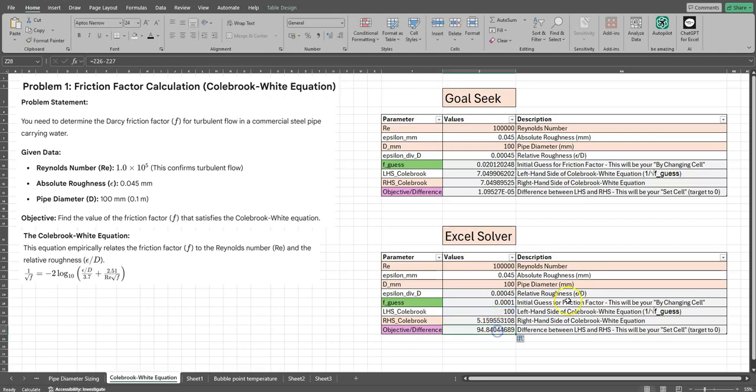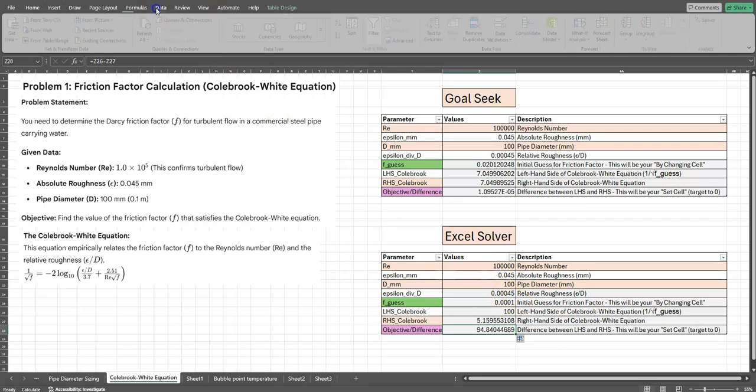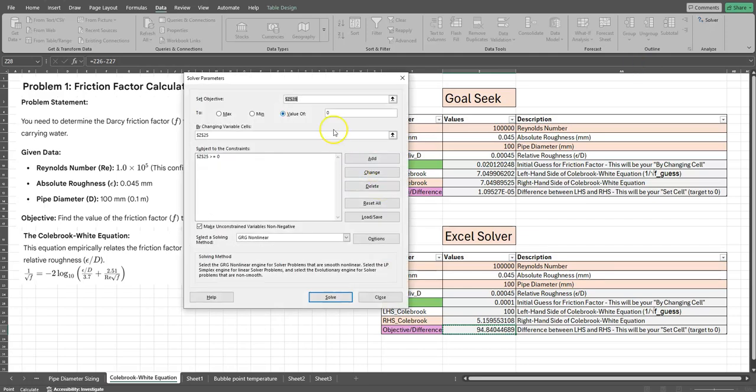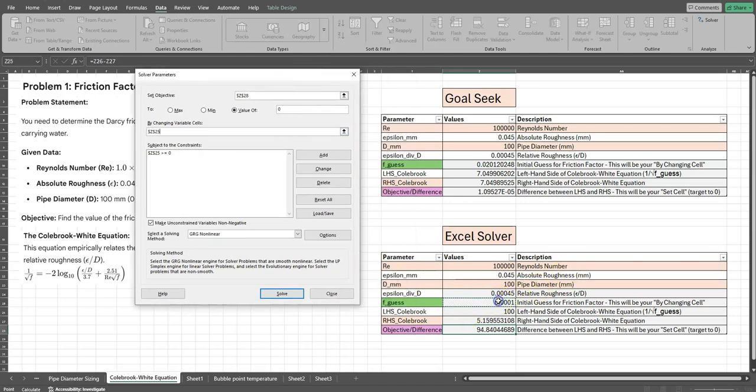Now I'll use Excel Solver. For that you have to go to Data, then Solver. Now set this cell equal to 0 by changing this F cell, this guess value. Now here is the constraint.